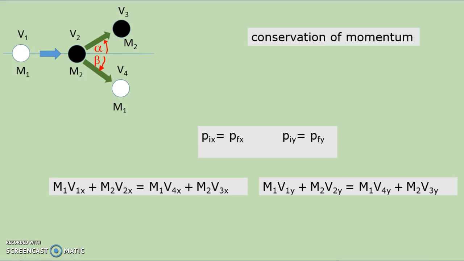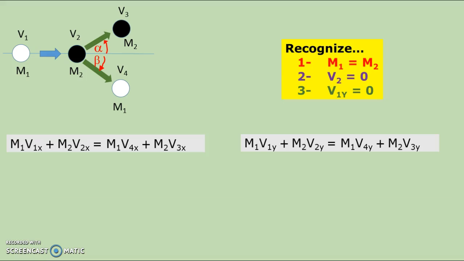Okay, so we're going to start populating these variables and solve two simultaneous equations. We've got two unknowns, and therefore we must have two equations. This is the way the problem is set up. It simplifies very rapidly. We should recognize three very important things. First, mass 1 equals mass 2, so we can factor all the masses out.